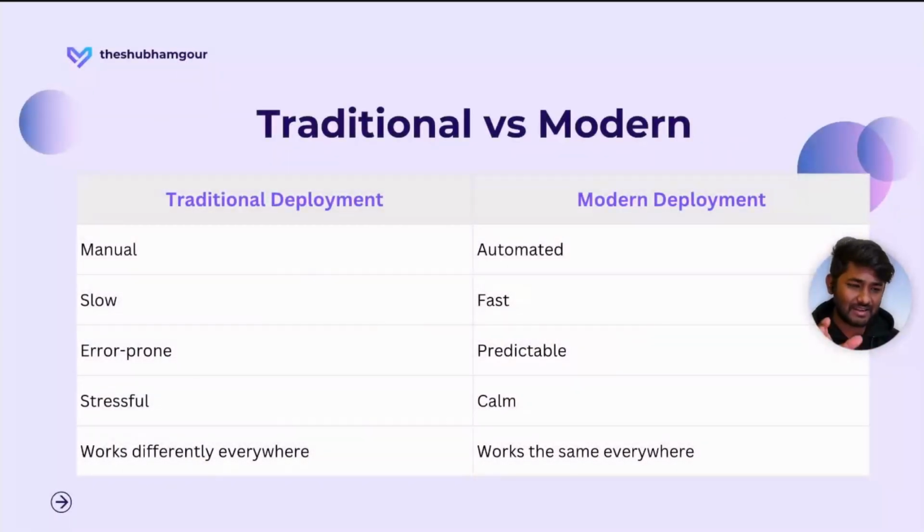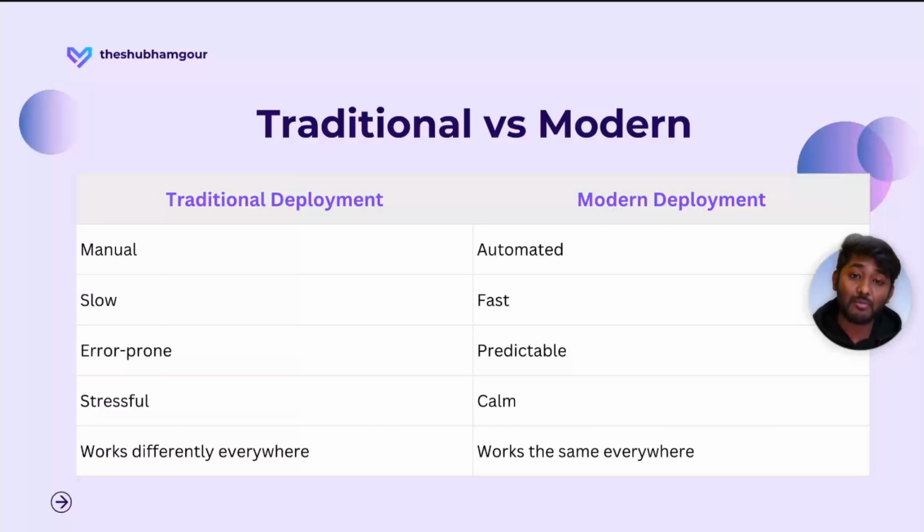Now, let us see the difference between traditional and modern systems so that we get clarity on why we switched from traditional deployment to modern deployment. In traditional deployment, everything used to be manual, but in modern deployment, everything is automated. Traditional deployment used to be slow because humans worked on it, but modern deployment is very fast because machines work on it in an automated manner.